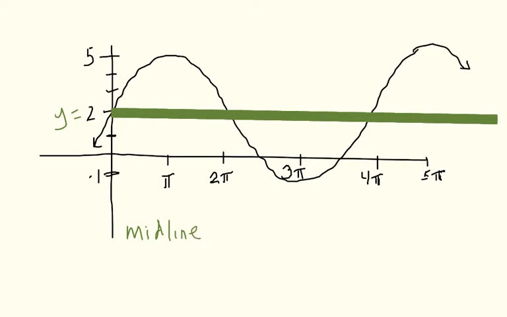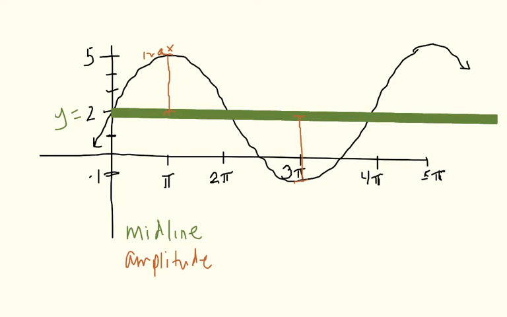The next idea that we could talk about would be something that we call amplitude. Amplitude is only really defined in relationship to the midline. So if I take a look at my midline, I see how far it is from the middle to the top, so that's from the midline to the maximum, or from the midline to the minimum.